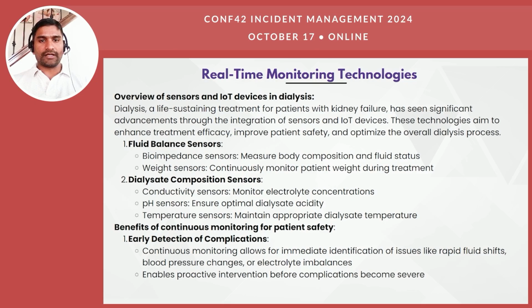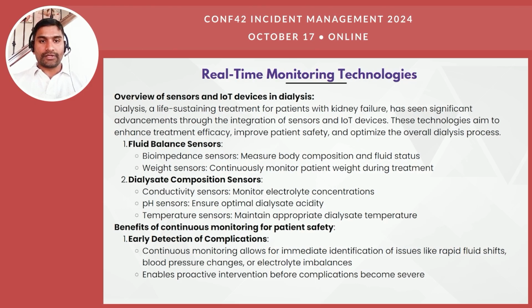Some of the benefits of continuous monitoring for patient safety include the early detection of complications, which is possible by continuous monitoring enabled by the sensors that allow for immediate identification of potential complications.